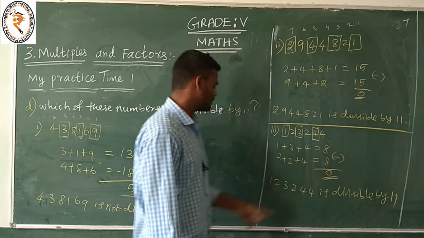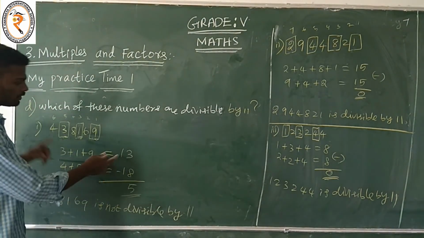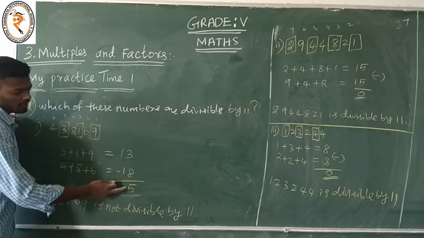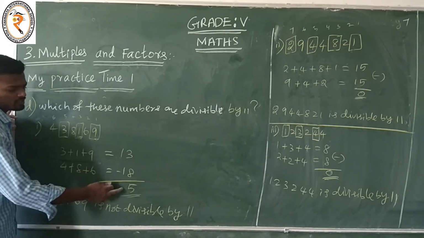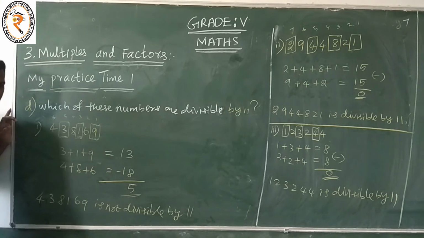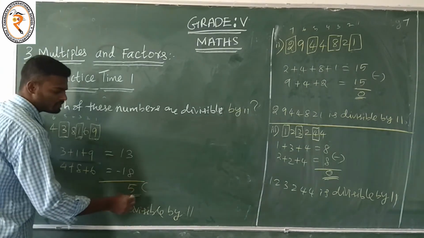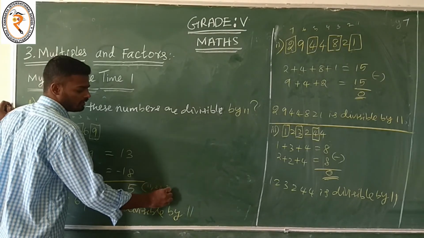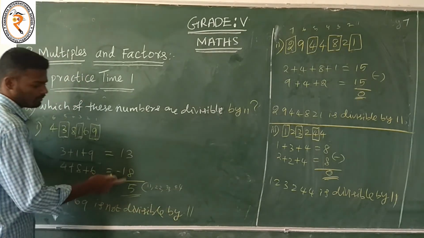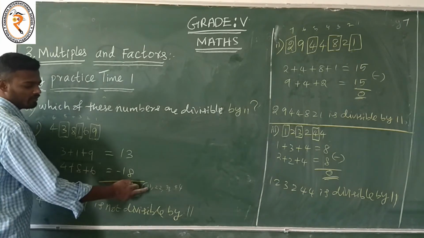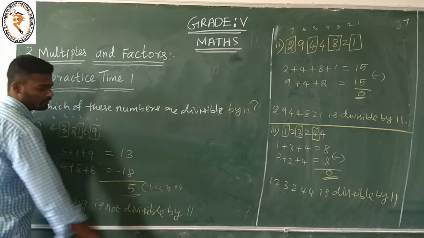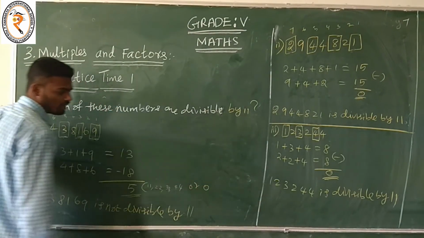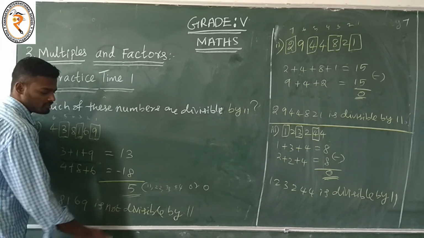Suppose that on subtracting the two numbers the remainder comes 5 or 6, then the number is not divisible by 11. Suppose multiples of 11 come: 11, 22, 33, 44, or 0, then it is divisible by 11.